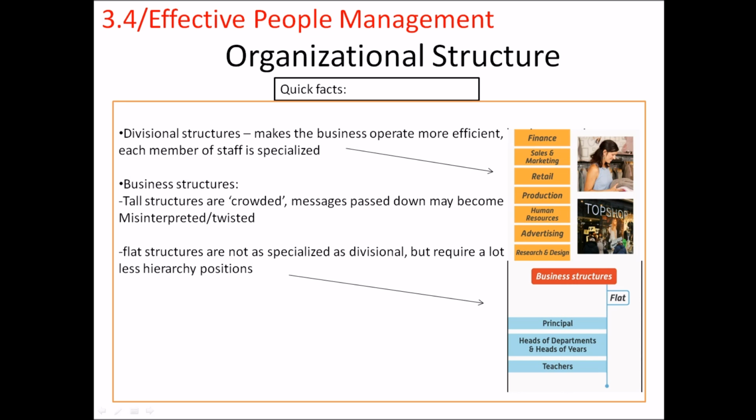It has the principal, and then it goes to the heads of departments and the teachers. So if a principal passed down a message, it would only have to go through one layer before it reaches the teachers, whereas a tall hierarchy would mean that it would go to the principal, then 5 other heads of departments or principals. There's a lot more layers in a tall structure than there is a flat structure.